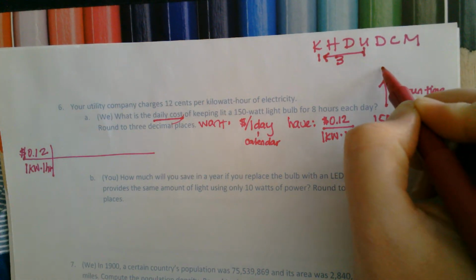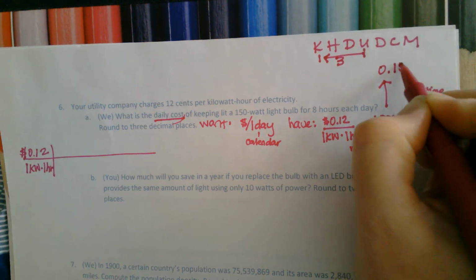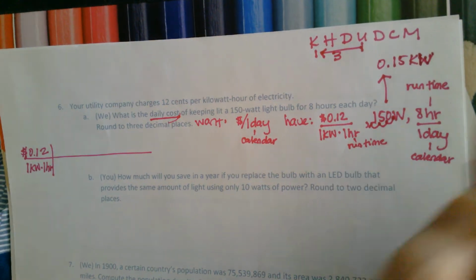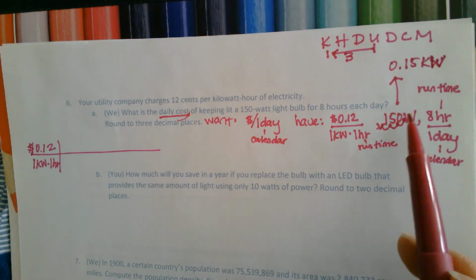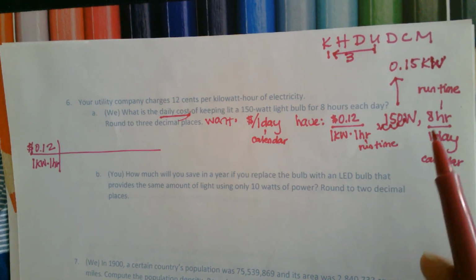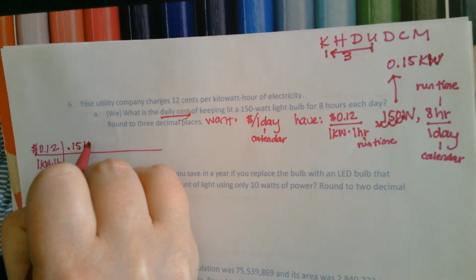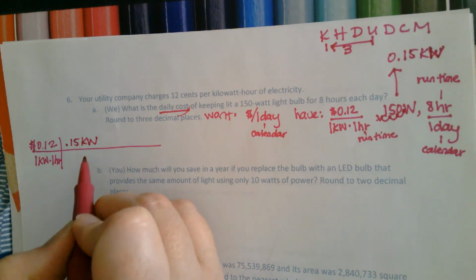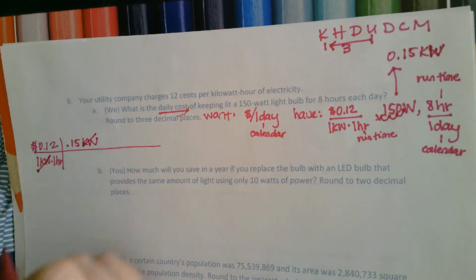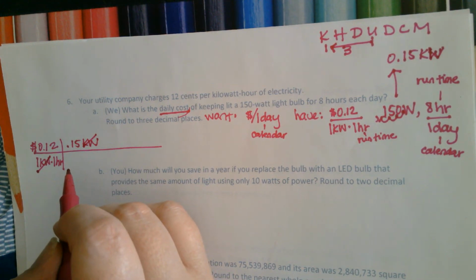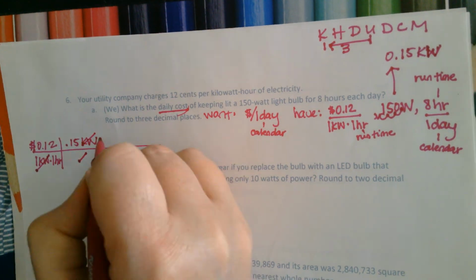So that gives me 0.15 kilowatts. Instead of 150 watts, I have 0.15 kilowatts. So this is what I'm going to put over here, 0.15 kilowatts. Now those cancel. And this is just the energy that a bulb uses, so there's nothing else with that.